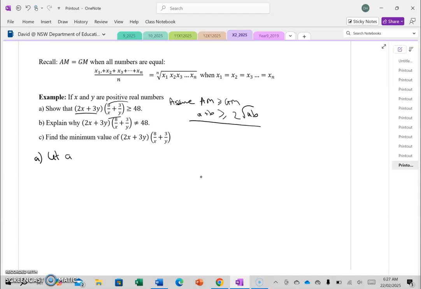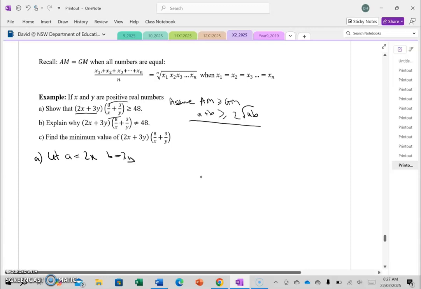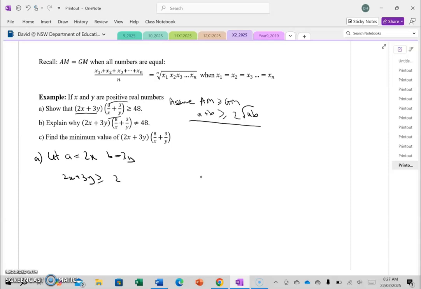Okay, so I'm going to let a be 2x, b be 3y. Sub it in. You get that 2x plus 3y is greater than or equal to 2 lots of square root of the product, and the product is 6xy. And I'm also going to let a be 8 on x and b be 3 on y, in which case we've got 8 on x plus 3 on y greater than or equal to 2 square root, if you multiply these two together, 24 on xy.